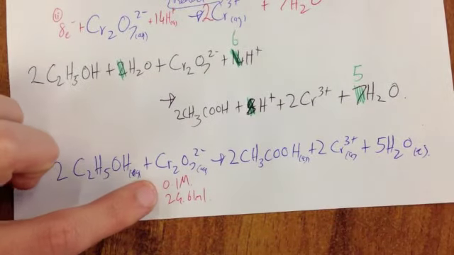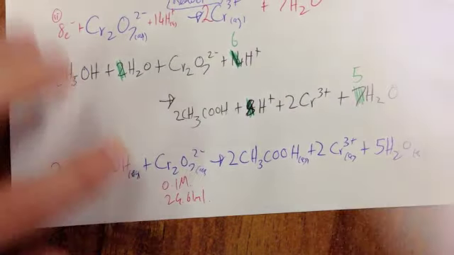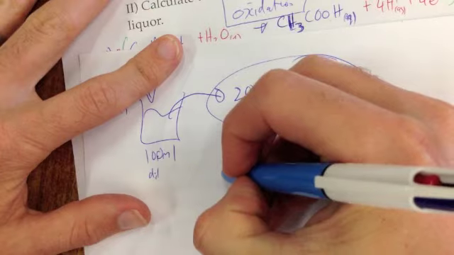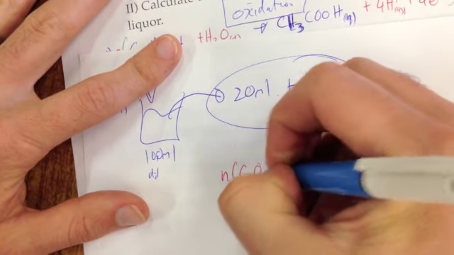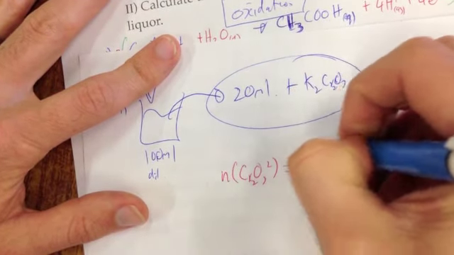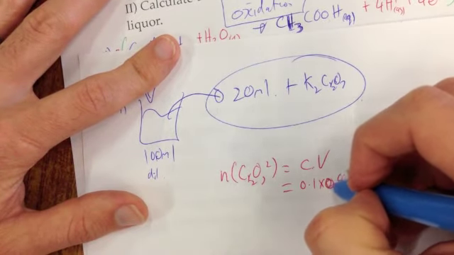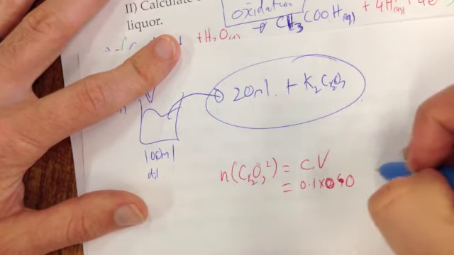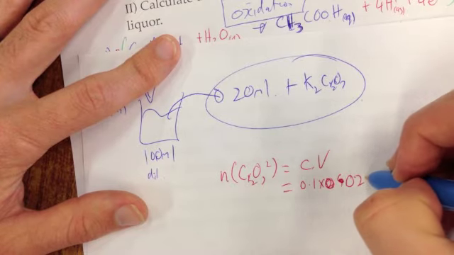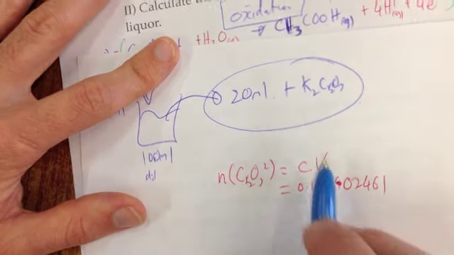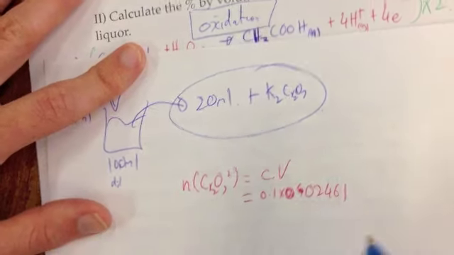So from this information, we get our number of moles of potassium dichromate. Number of moles of dichromate equals C times V equals 0.1 times 0.02461, because we need to convert our mils to litres.